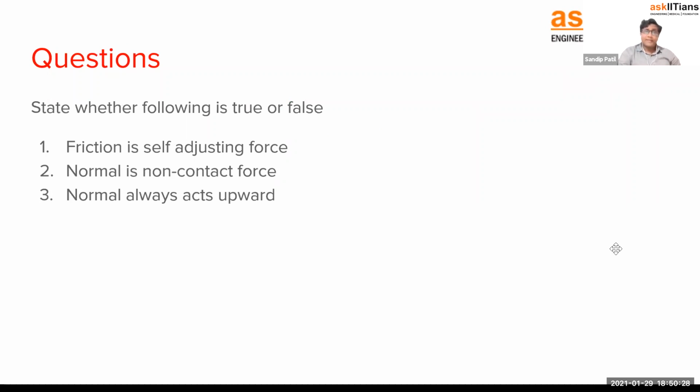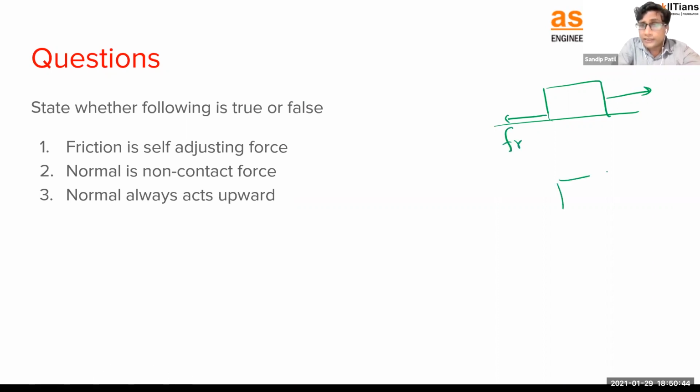Then let's see: state whether the following is true or false. First they are saying friction is a self-adjusting force. Now we haven't talked about this, but I have mentioned one thing. If you apply the force here, frictional force acts on this side. Let's take another case. If you apply the force on this side, frictional force is going to go on that side.